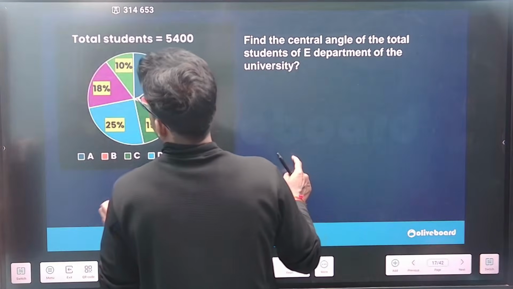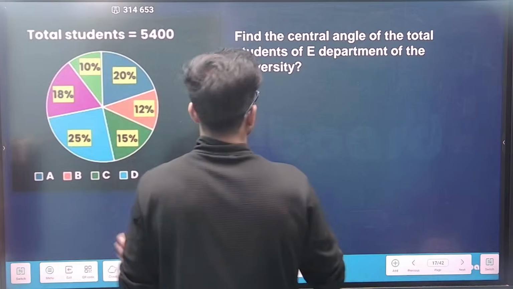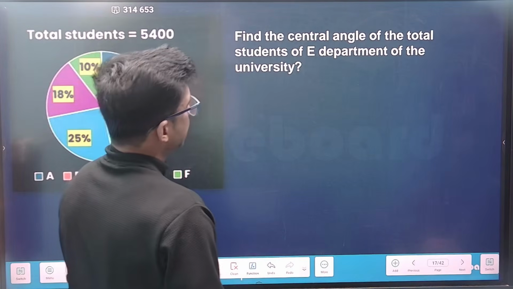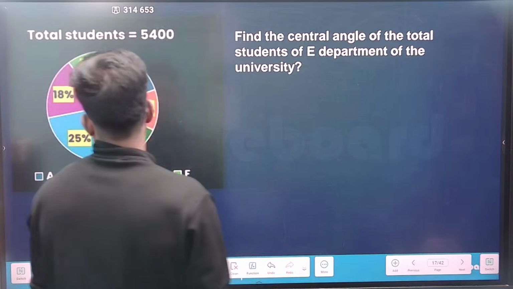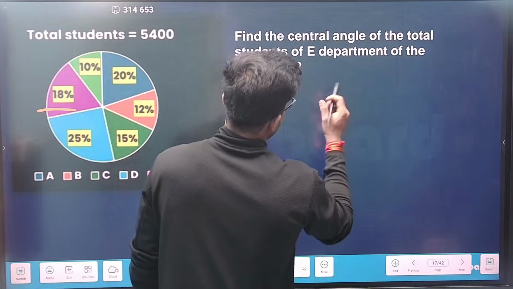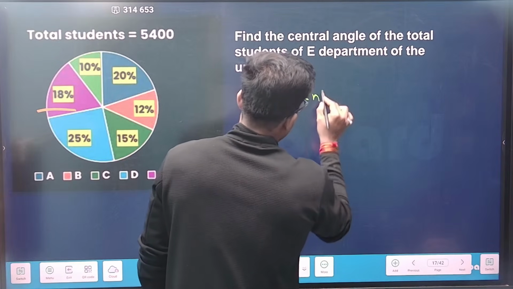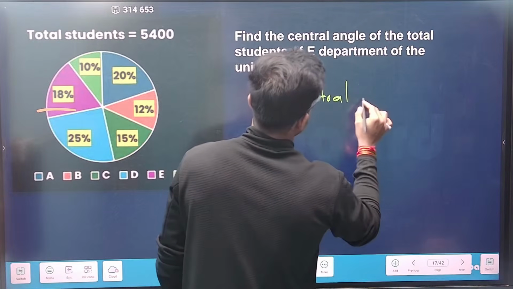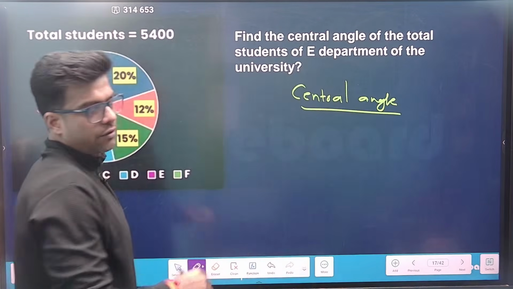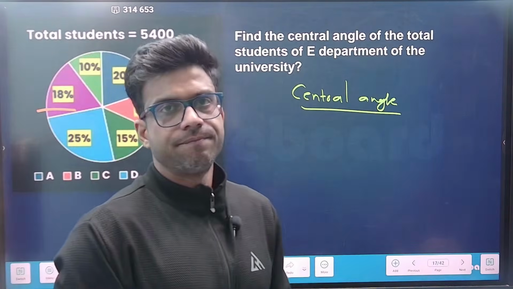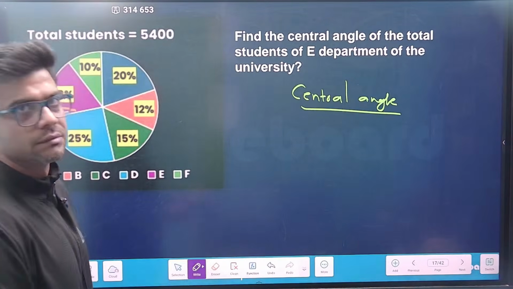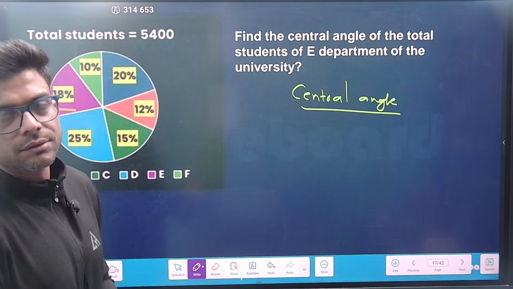Try this question. Find the central angle of the total students of E department of the university. E is how much? 18. So see, again a question of central angle came. They always ask a question from central angle. How will you draw this?